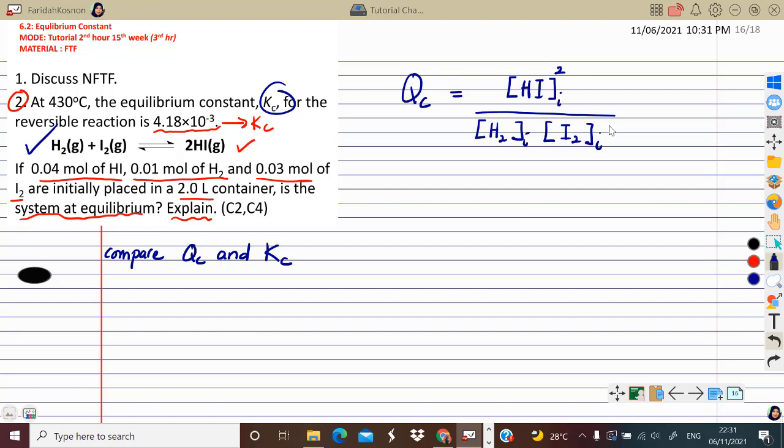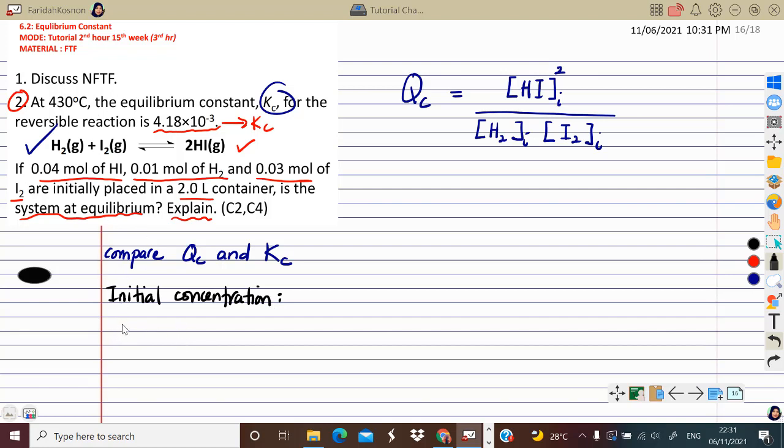Jadi, dalam soalan, dia tak bagi concentration tu secara direct. Dia bagi mole and volume of the container. Jadi, awak kena buat dalam kerja untuk mengira initial concentration for each species in the system. Maksudnya sekarang dalam sistem kita tu memang dah ada hydrogen, iodine and hydrogen iodide gas.